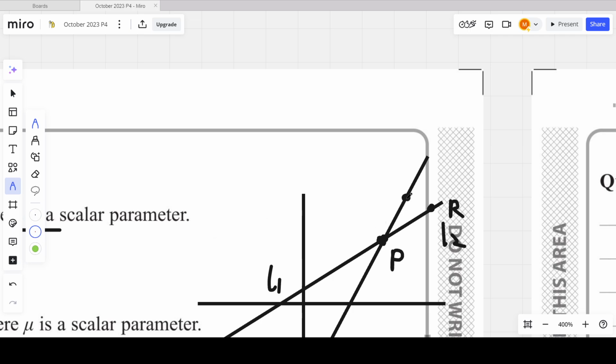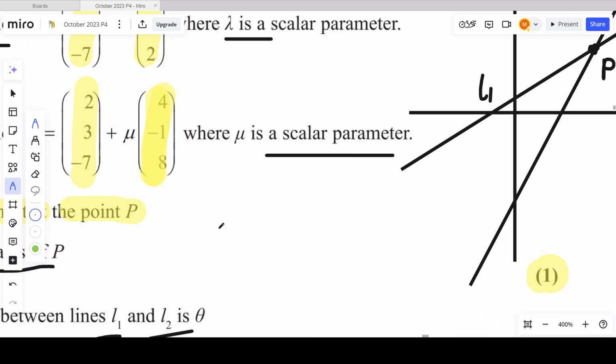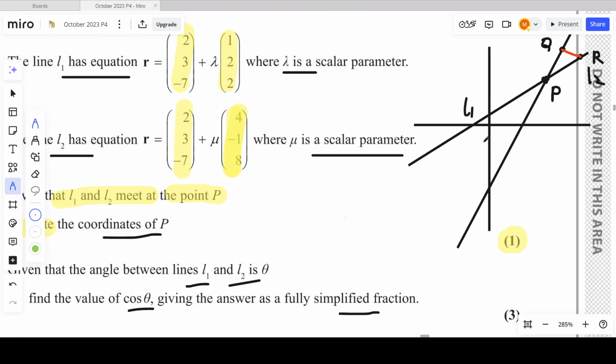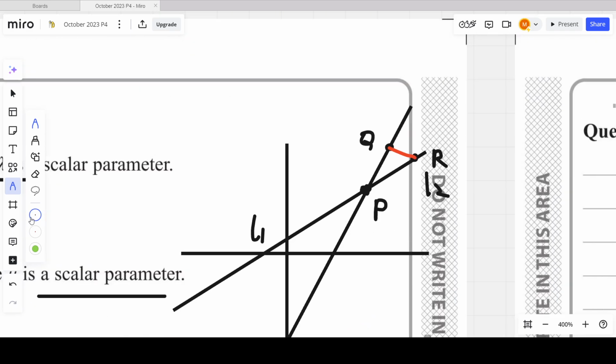Let me change the color. Okay, just a sketch. This is point Q. So QPR is an isosceles triangle. That means this side and that side are equal.